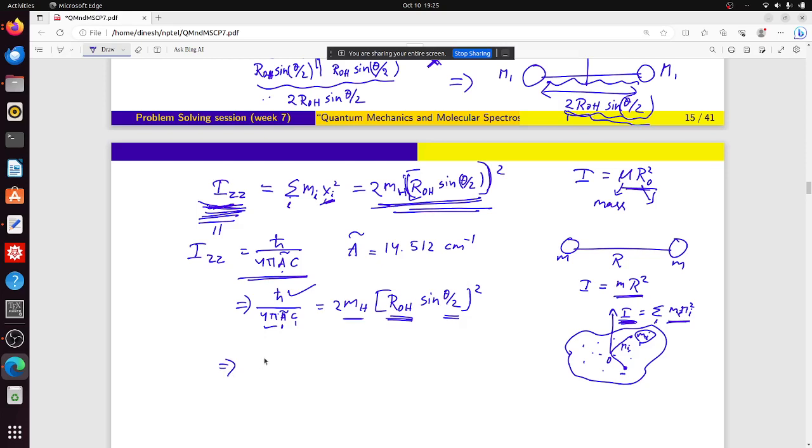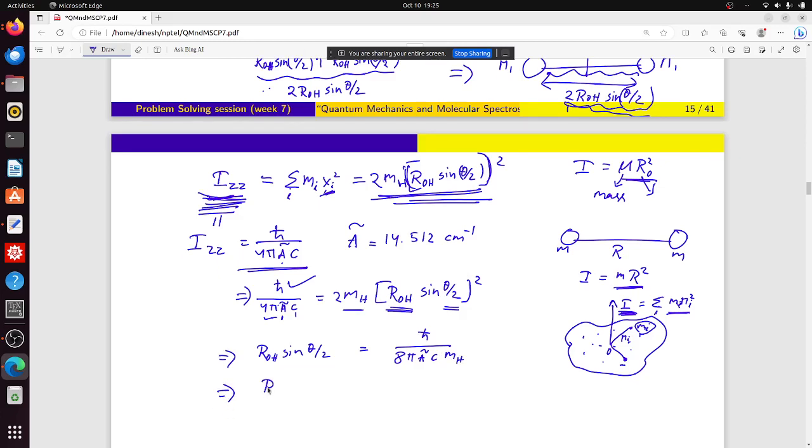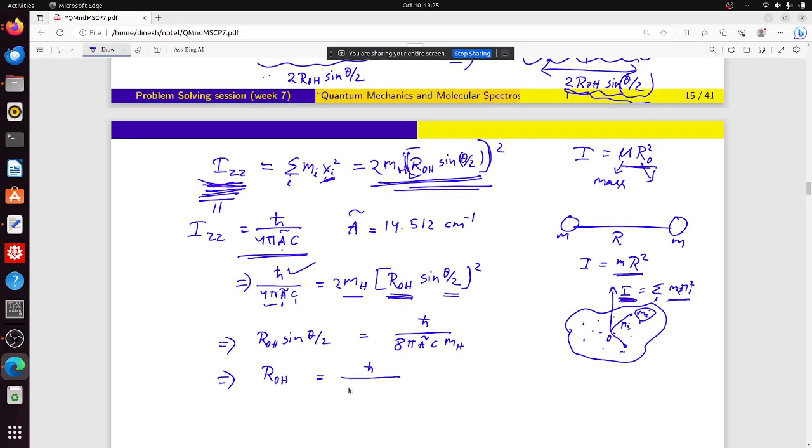R_OH sin theta over 2 will be the square root of h cross over 8 pi A tilde C m_H, or R_OH will be that times 1 over sin theta over 2.